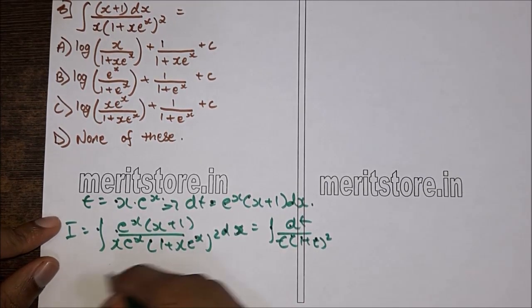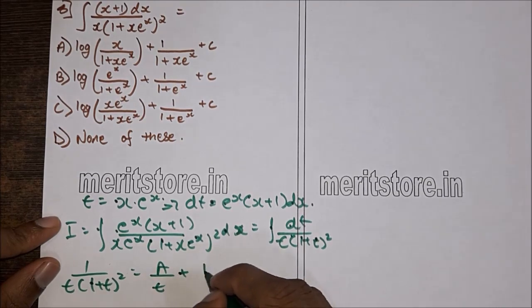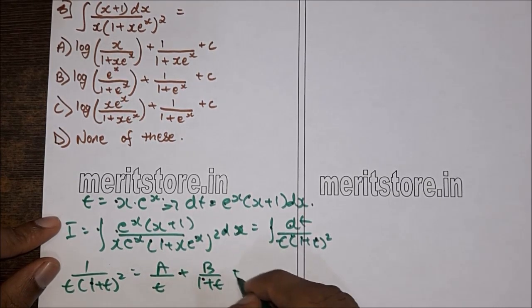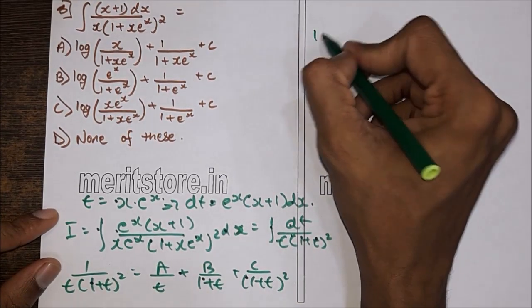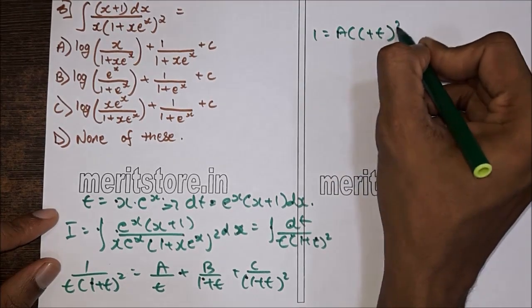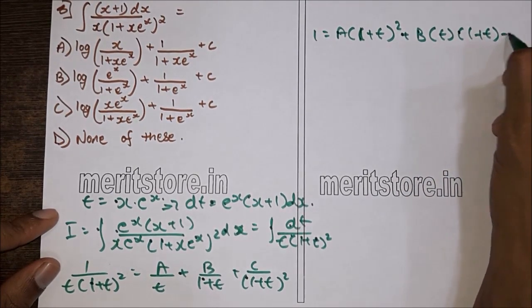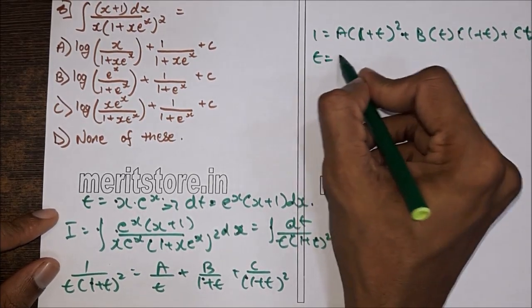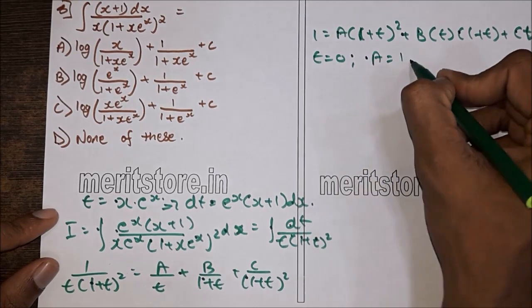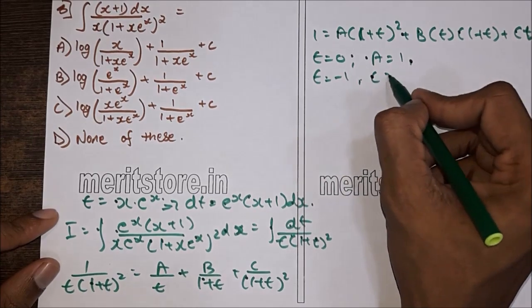Further, we solve this by partial fraction. We take a by t plus b by 1 plus t plus c by 1 plus t the whole square. Further, we have 1 equal to a 1 plus t the whole square plus b t into 1 plus t plus c t. Therefore, if t is equal to 0, then we get a equal to 1. If t is equal to minus 1, we get c equal to minus 1.